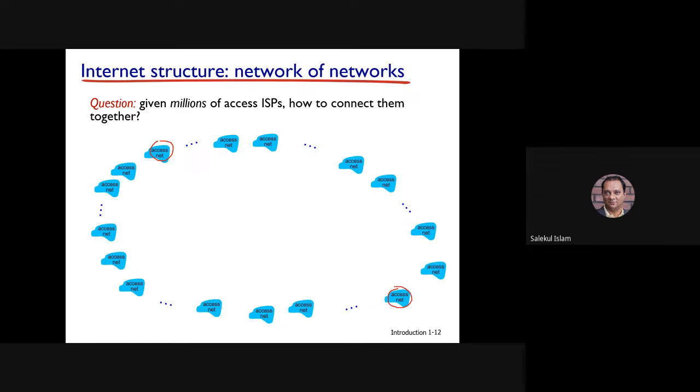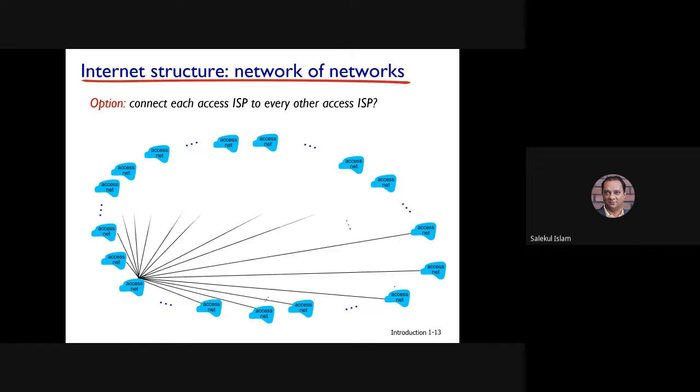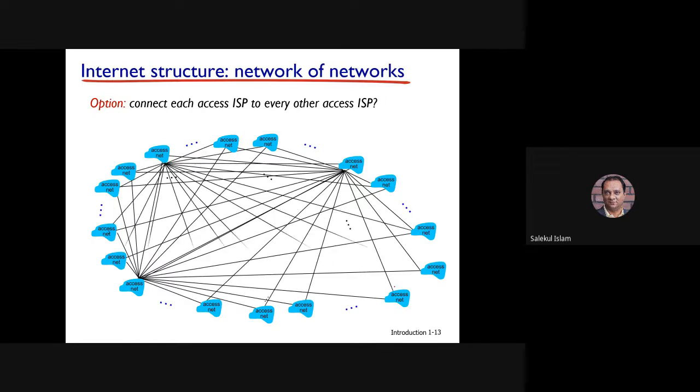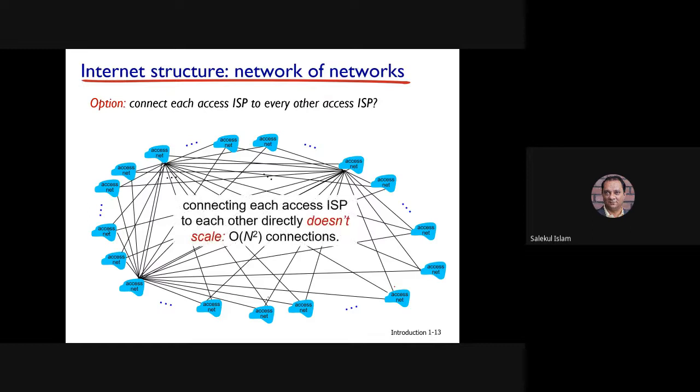You can think that, okay, I can make a fully connected graph, মানে কি আমি সবার সাথে সবাইকে কানেকশন করে দিলাম. So there will be order of n square connections, and whenever there is a new ISP, that ISP must be connected with all other ISPs.